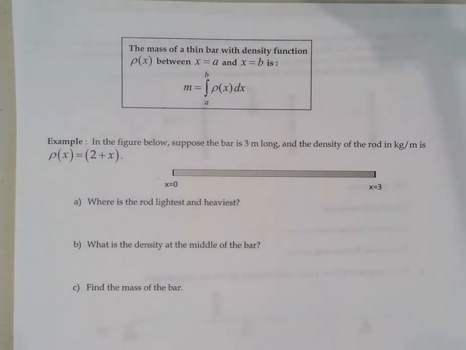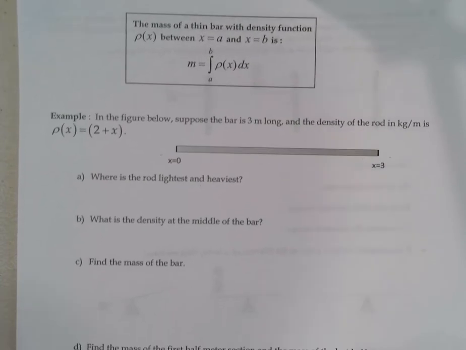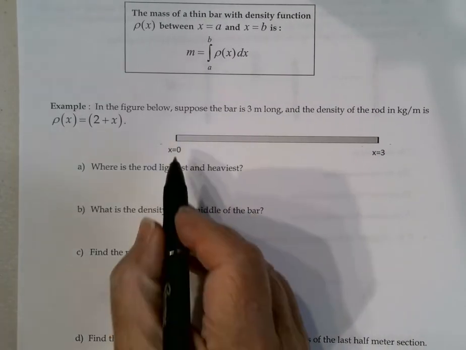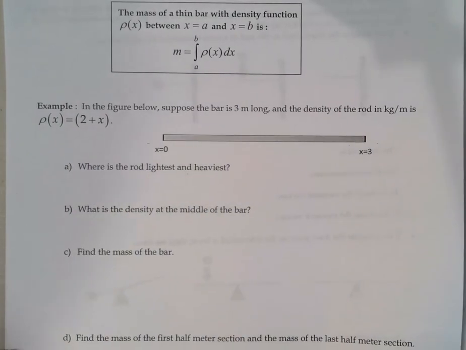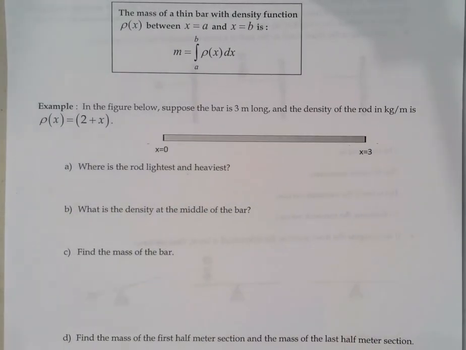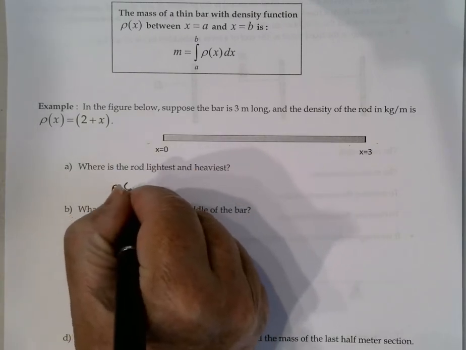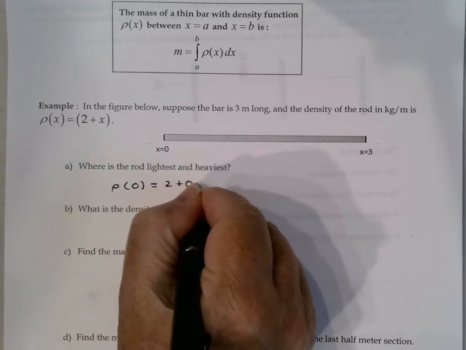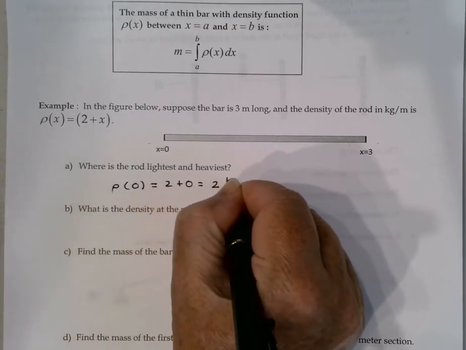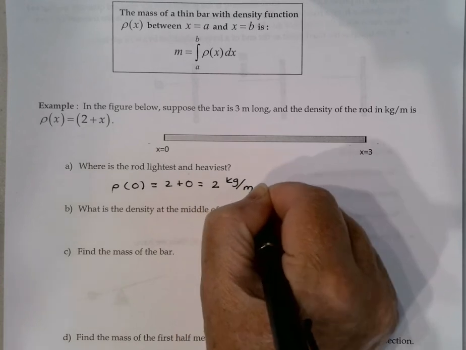All right, so let's try this. In example 2, suppose that our bar is 3 meters long, and the density of the rod in kilograms per meter is rho of x equals 2 plus x. Let's just think about the situation for a moment. Where is this rod lightest, and where is it heaviest? Well, the density at x equals 0 would be 2 plus 0, or 2 kilograms per meter.